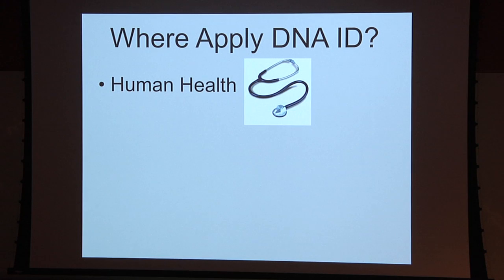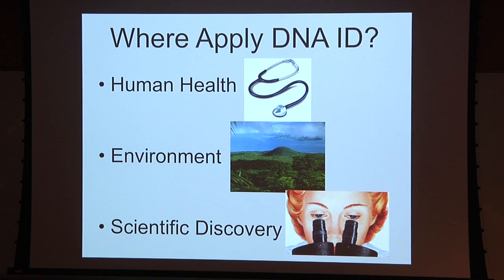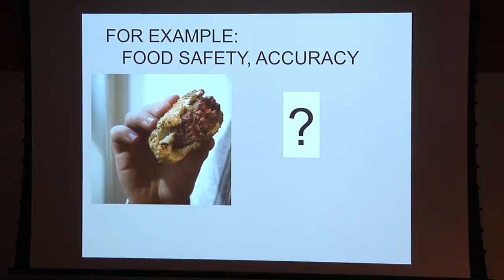Where can we apply it? I'll talk about 3 areas: human health, the environment, and scientific discovery. So human health, this is a hamburger. You might want to know what you're eating when you eat a hamburger. It says on the label what it is, but you don't actually know.